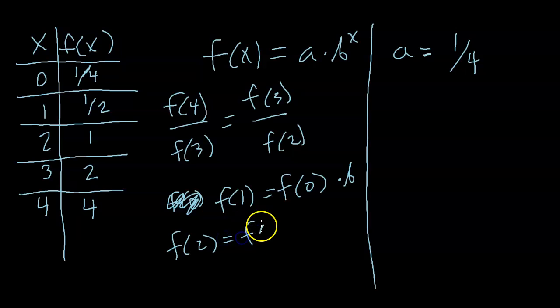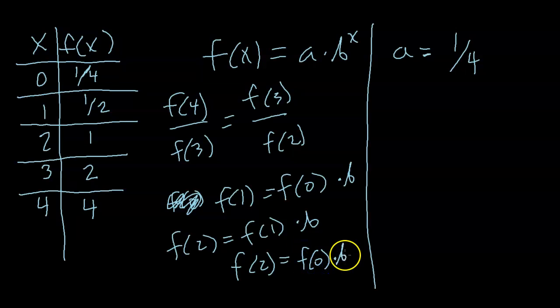We'd start at our last term, f of 1, and multiply by our common ratio, right? And well, what is f of 1? It's f of 0 times b, right? So also we could think of f of 2 as being equal to our initial value times b squared, our common ratio squared, right?